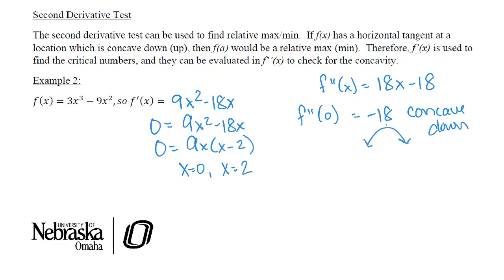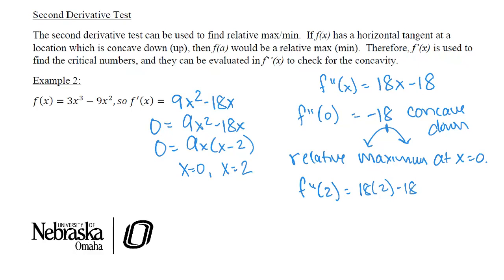So what would that mean? That means this value here, 0, is a relative maximum. Okay, so we have a relative maximum at x equals 0. If we check the second derivative at our critical point 2, we have 18 times 2 minus 18, which is positive 18, which means it's concave up, like so.